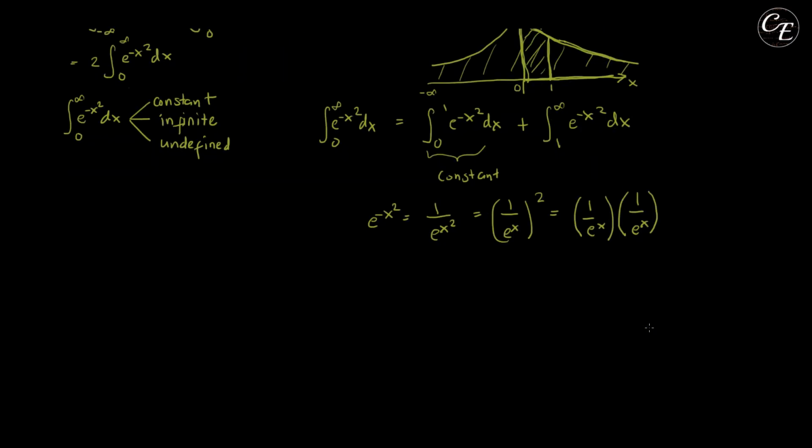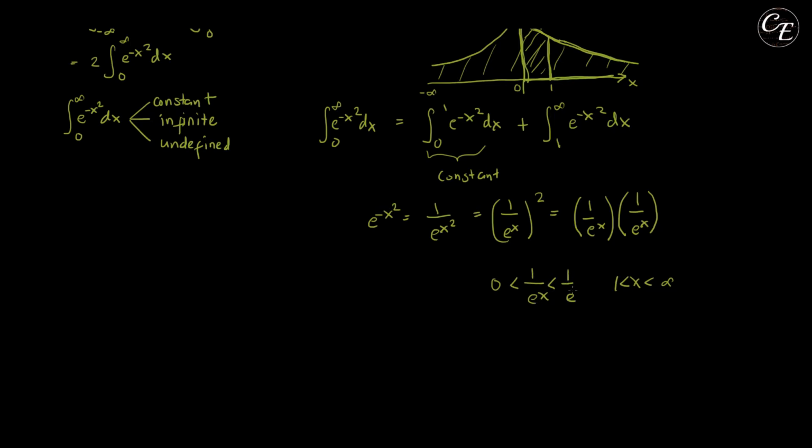Now, our 1 over e raised to x, when x is 1 until infinity, its value is, when x is 1, then it is 1 over e, and when x is infinity, it is equal to 0, because 1 over infinity is 0.